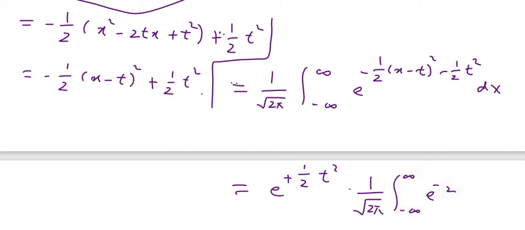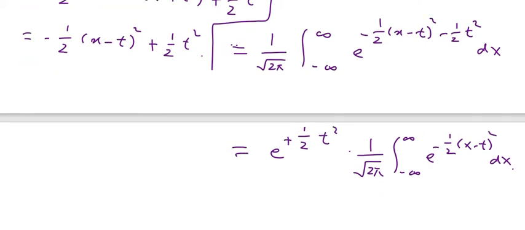Okay, so then this integration, e to the negative half (x minus t) squared dx. In this integration, t is constant, so we just set x minus t as the new variable x, right?